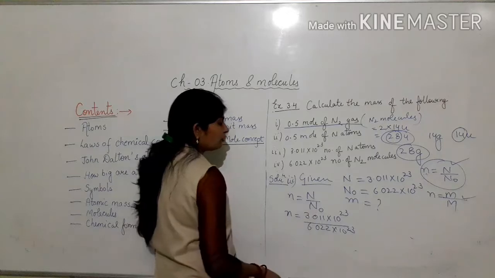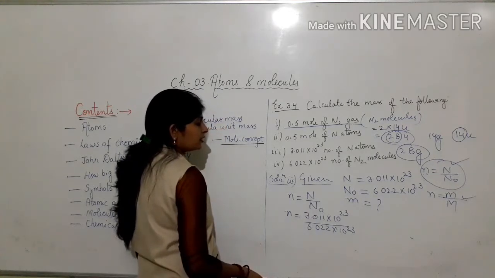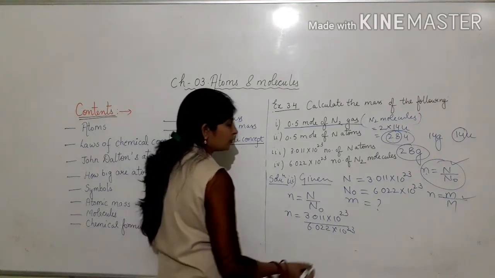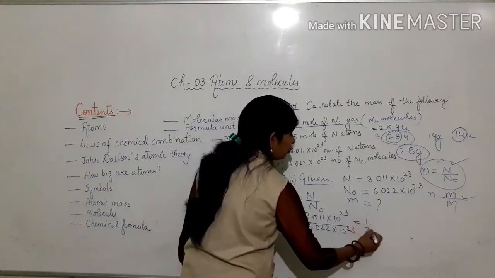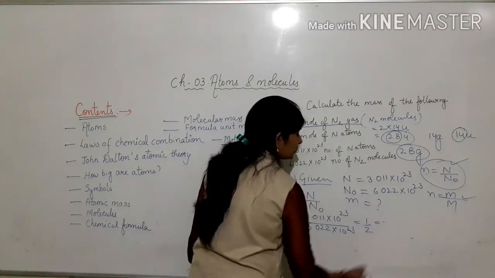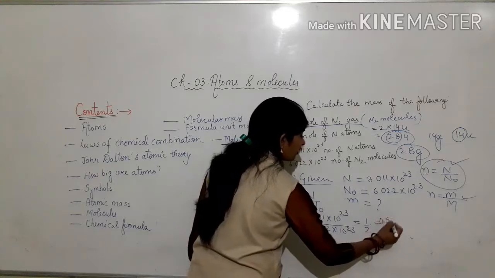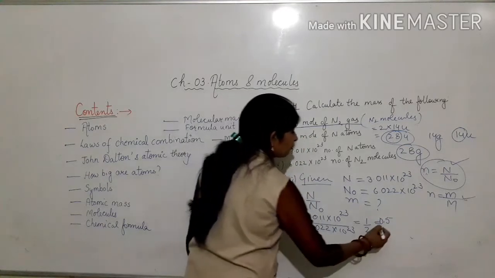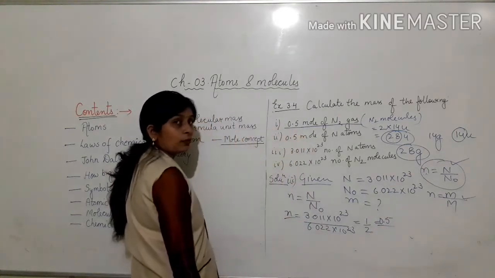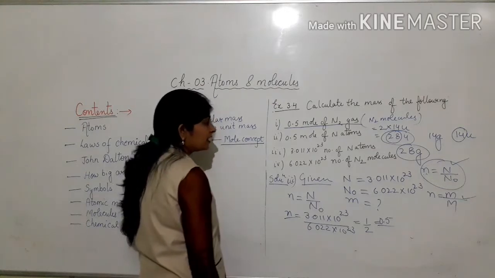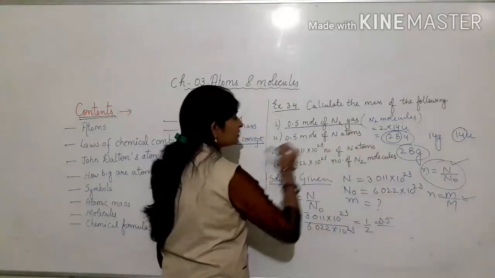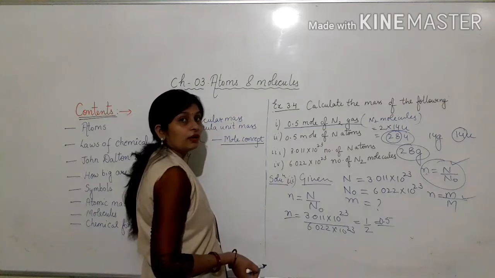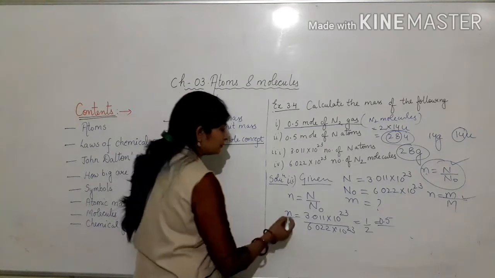Divide 3.011 into 10 to the power 23 by 6.022 into 10 to the power 23, you will have 1 upon 2, that is equal to 0.5. So the number of moles present in these nitrogen atoms is 0.5.